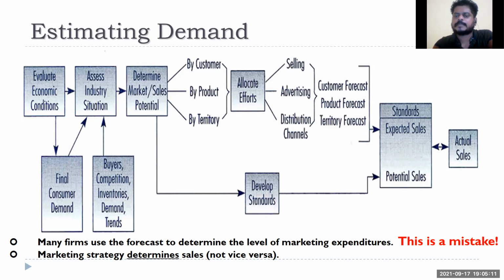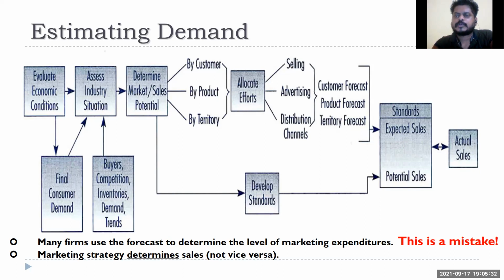So that is being mentioned here. Many firms use forecast to determine the level of marketing expenses. Ideally, marketing strategy determines sales, not your sales determining your marketing strategy. Think of it this way: COVID has happened and many organizations are suffering, and your revenue will decline.